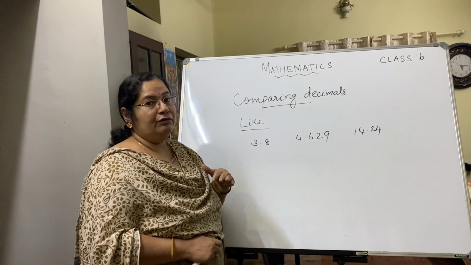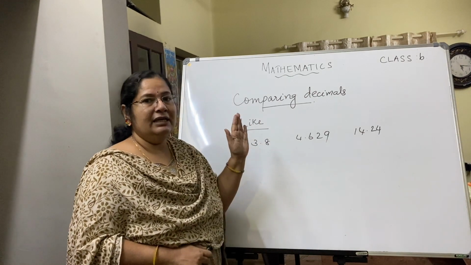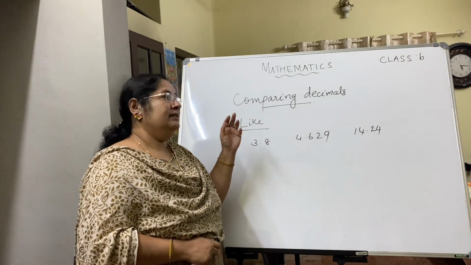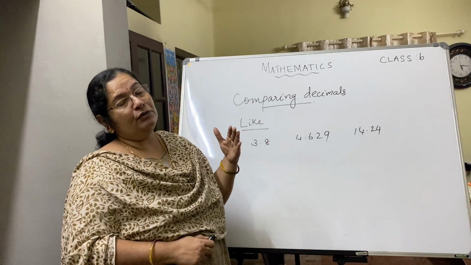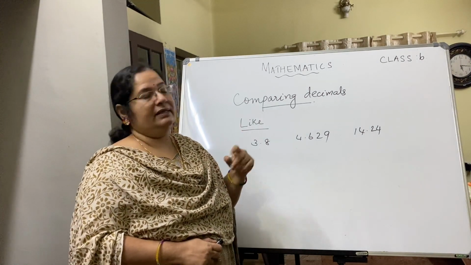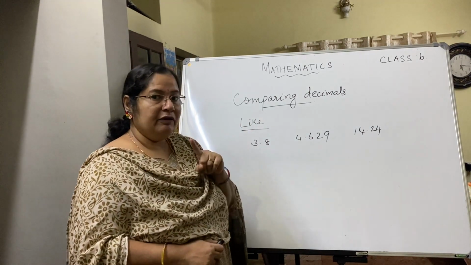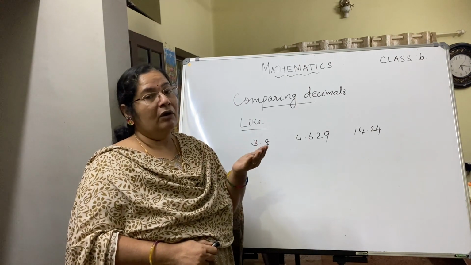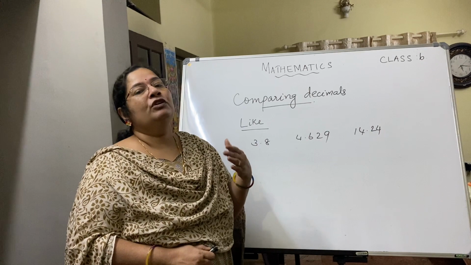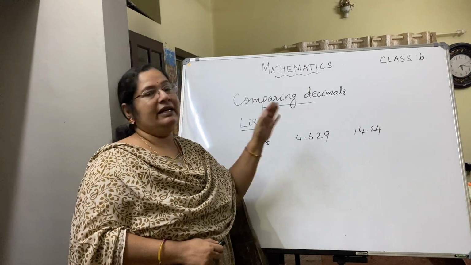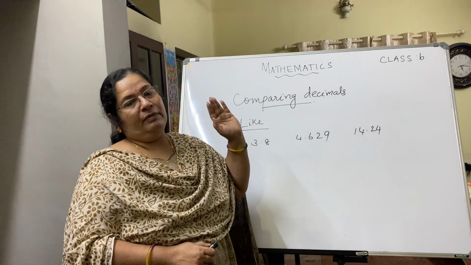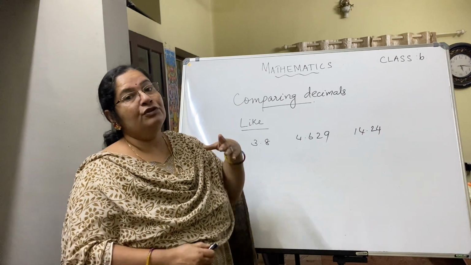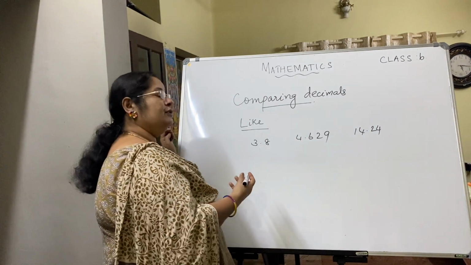So what you have to do? To make all these 3 like decimals, you have to change the other 2 also into decimals having 3 decimal places. Here 3.8 is having only 1 decimal place. You will have to make 2 more decimal places so that it becomes 3 decimal places. So to make 2 more decimal places, what you should do? You should be adding zeros. How many zeros? 2 zeros.